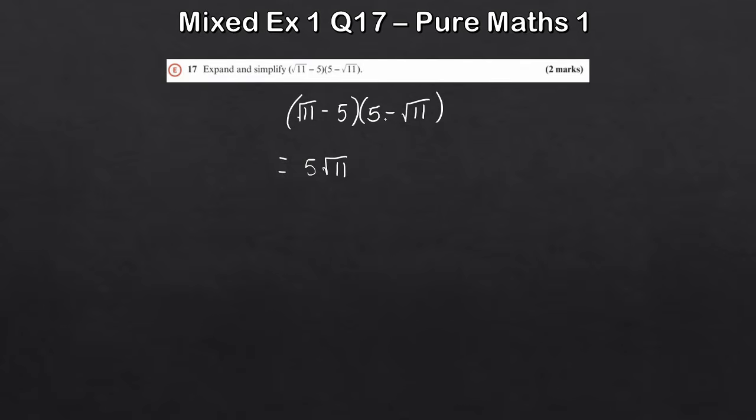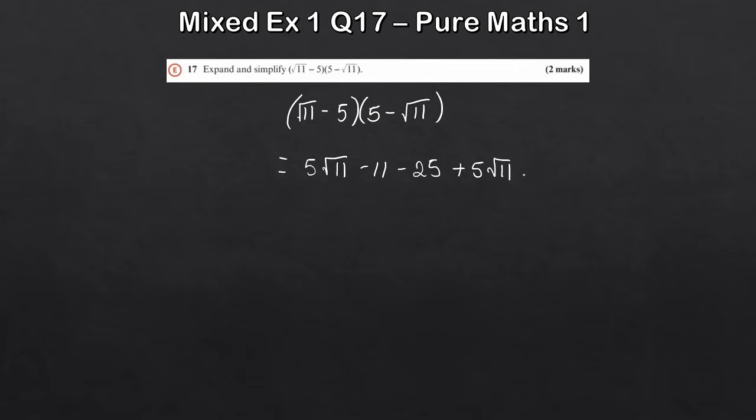And then do my outside, so root 11 times minus root 11. So again, be careful with your sign here, this will be minus 11. Minus 5 times 5, so that'll be minus 25. And then minus 5 times minus root 11, so again, just be very careful with signs, this will be plus 5 root 11.